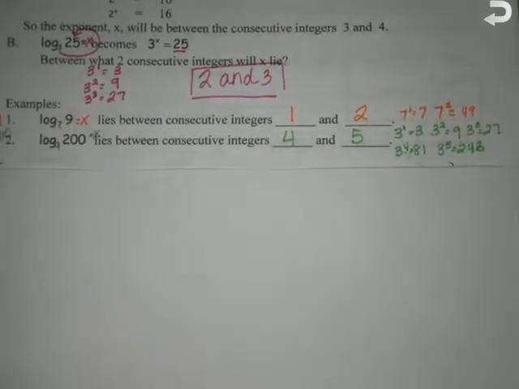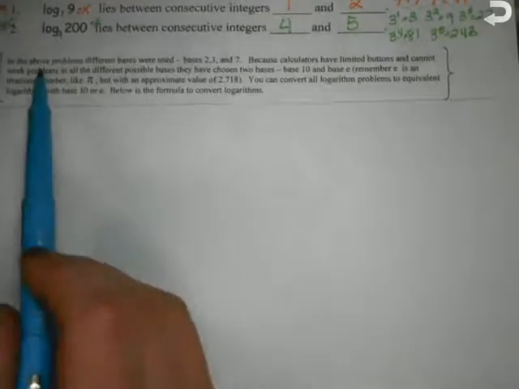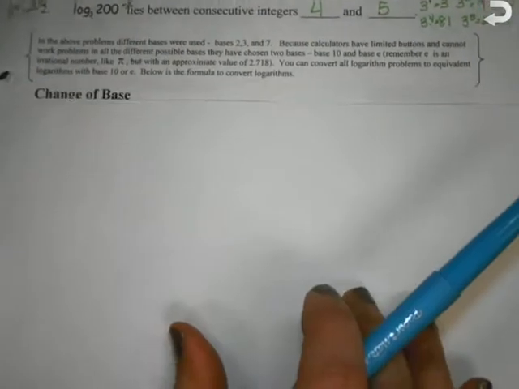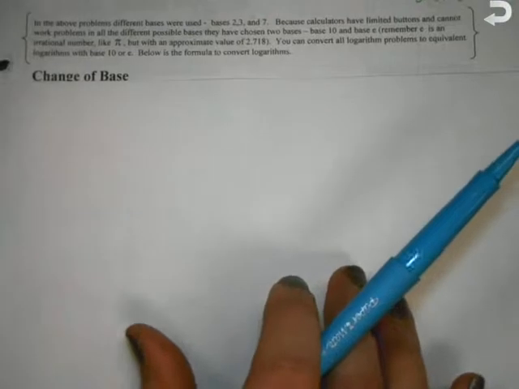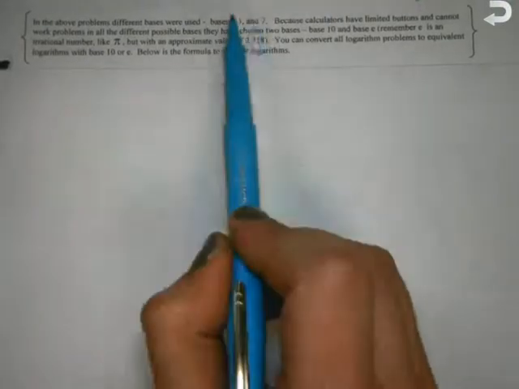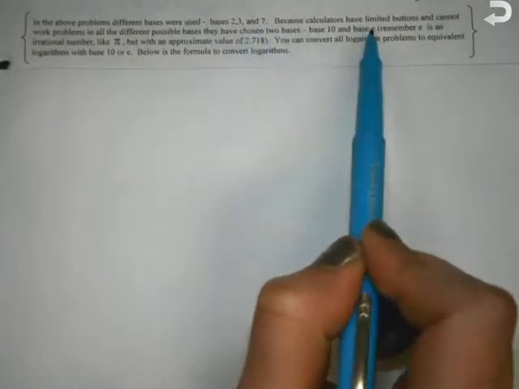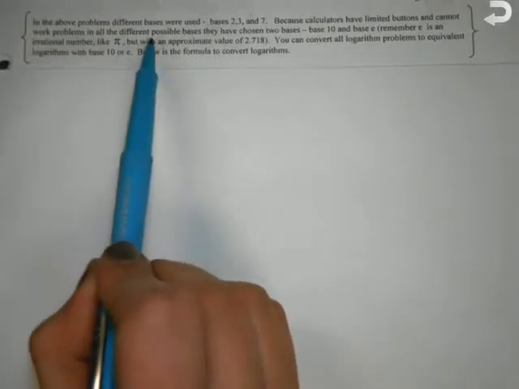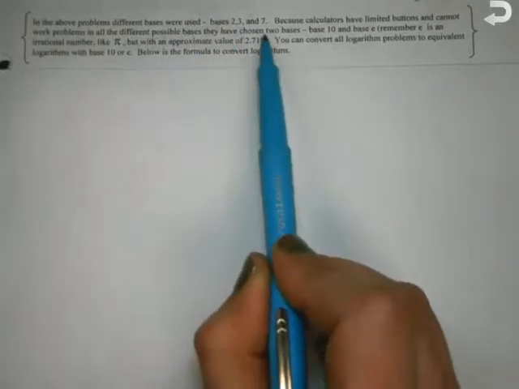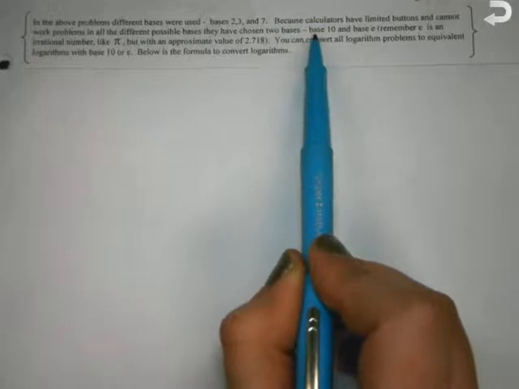Will you read it for us? This part right down here. In the above problem, different bases were used: bases 2, 3, and 7. Because calculators have limited buttons and cannot work problems in all the different possible bases, they have chosen 2 bases: base 10 and base e.